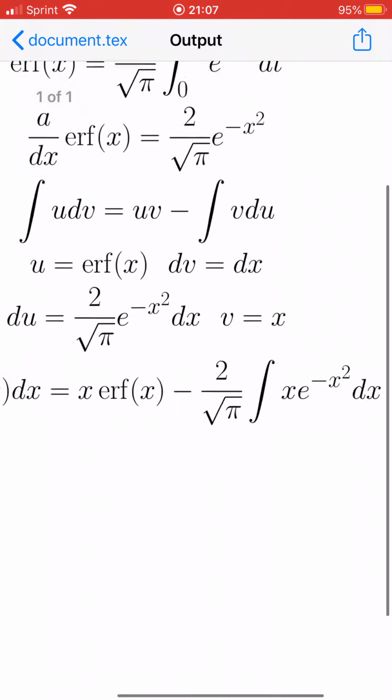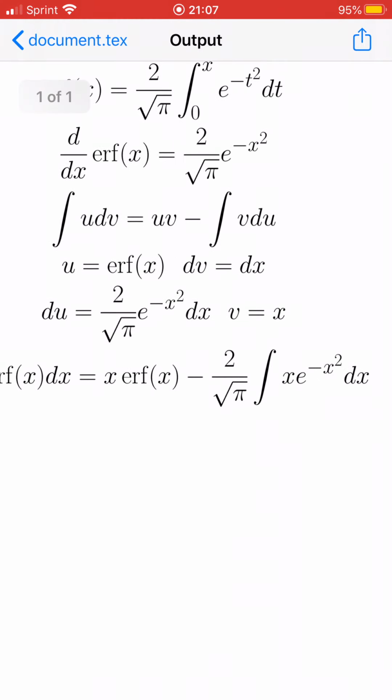And so the integral on the right hand side here, the integral of x times e to the negative x squared dx, should be easy to calculate.